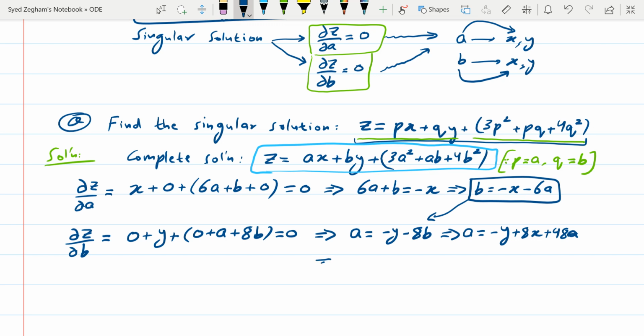This gives us a minus 48a, that will be minus 47a, equal to minus y plus 8x. And from here you are getting a as minus y plus 8x divided by minus 47.